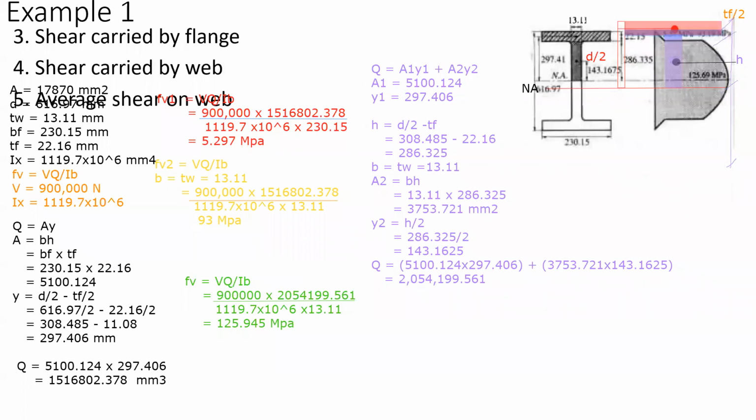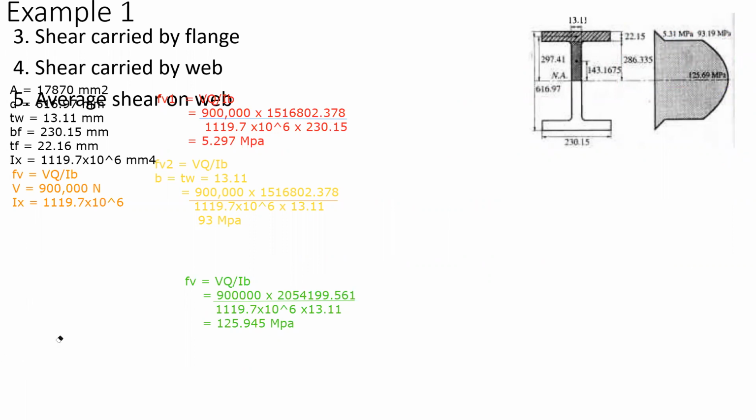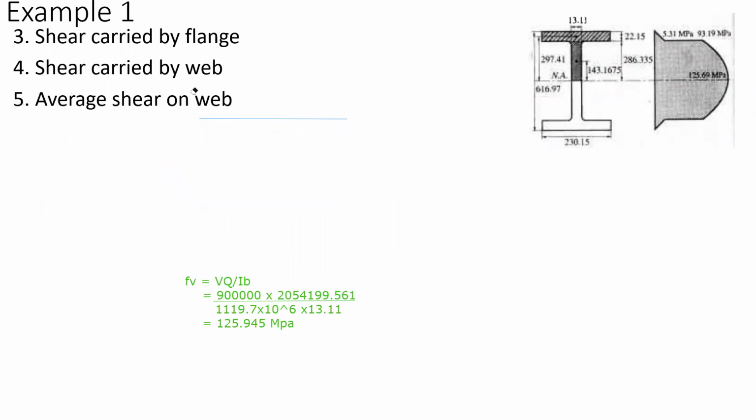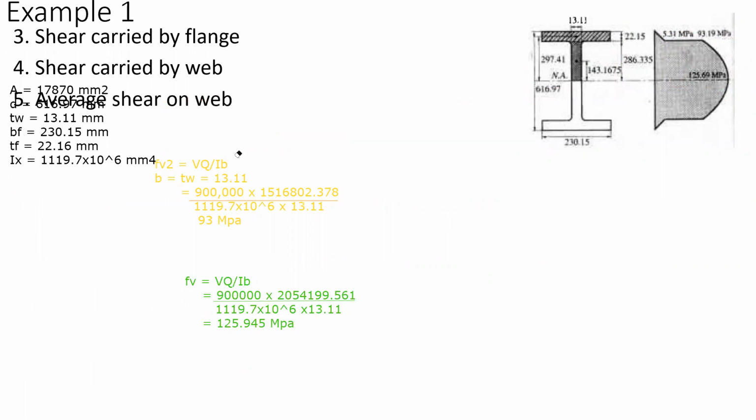Let me clear some of these parts. And so ito yung na-solve natin. So from here, aakyat siya ng 5.31, that's FV1.